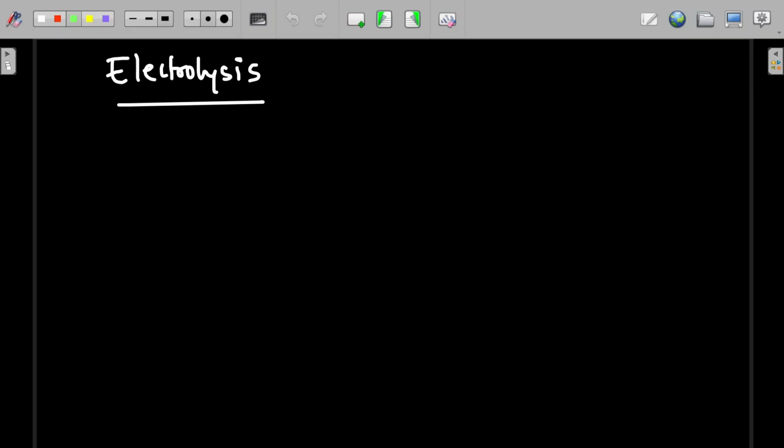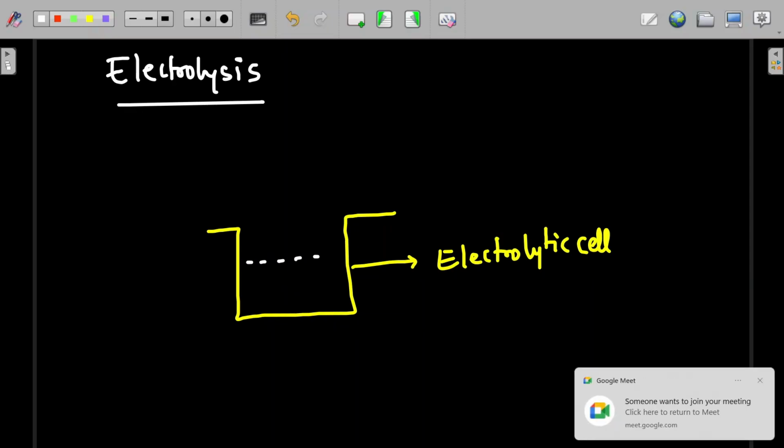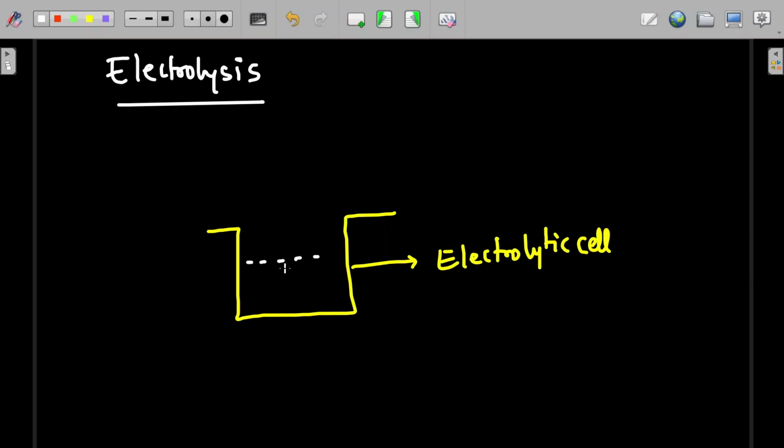Okay, basic terms about electrolysis. To carry out electrolysis, we need one container. That container will be called an electrolytic cell. And we need something which conducts the electricity, that will be the electrolyte, and the electrolyte should be in molten or aqueous state.